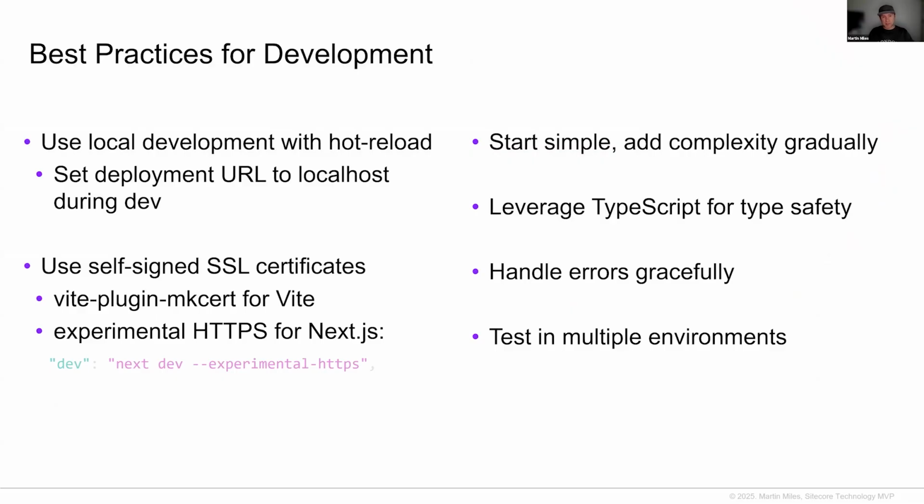Let me share some best practices which I learned through my own development experience and from talking with other participants of the Early Access program. First, always use local development with hot reload.